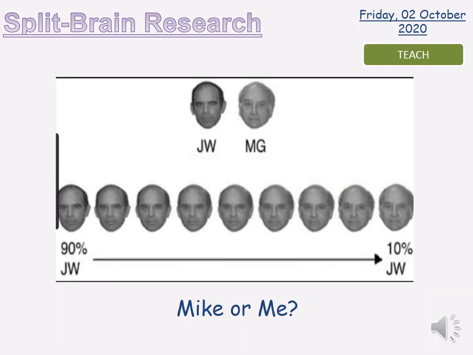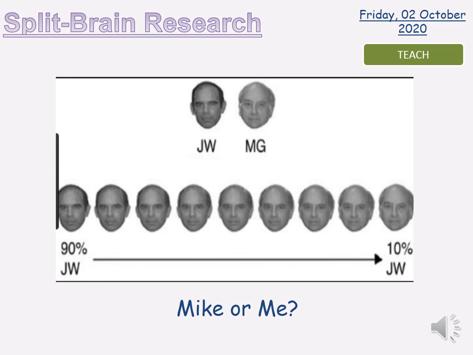In terms of the Mike and Me study by Turk et al., to participant JW, what was presented was a mixture between the researcher's face, Michael Gazzaniga, who is named as MG in this, and a mixture of their own face as JW, going from 90% of JW to 10% of JW, and a mixture being in the centre.